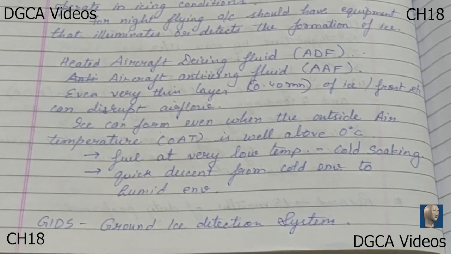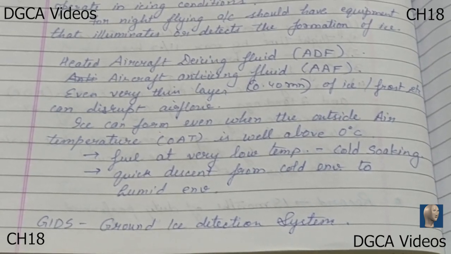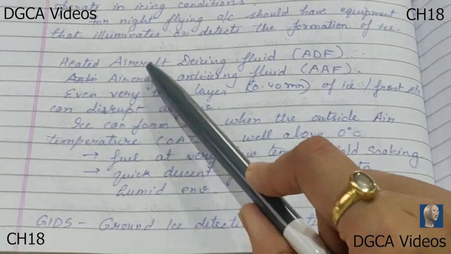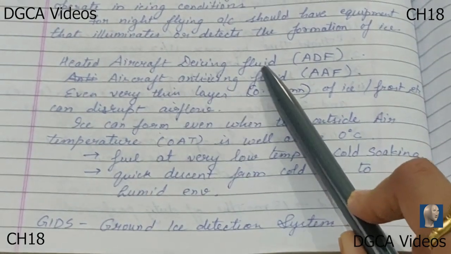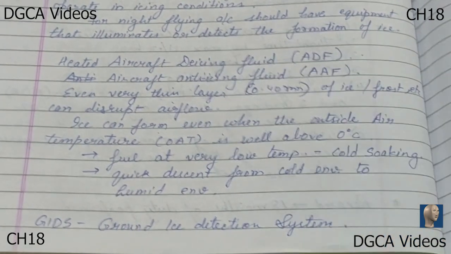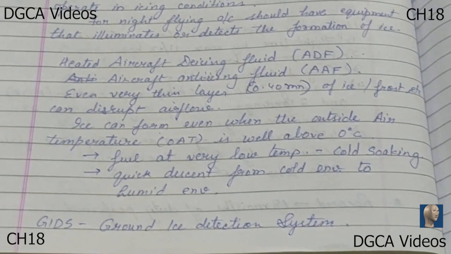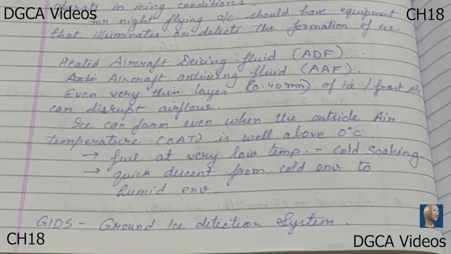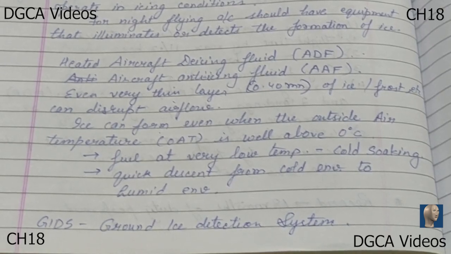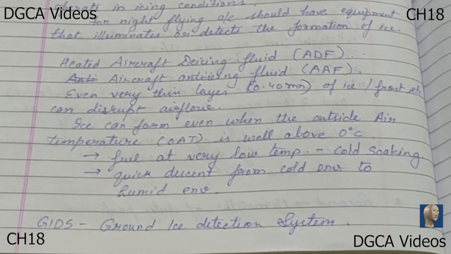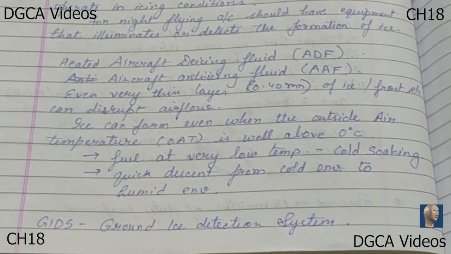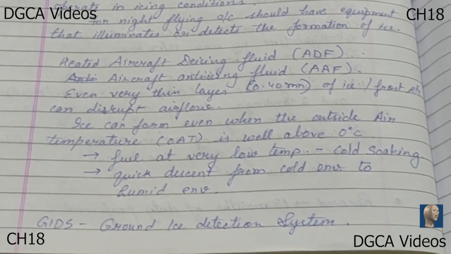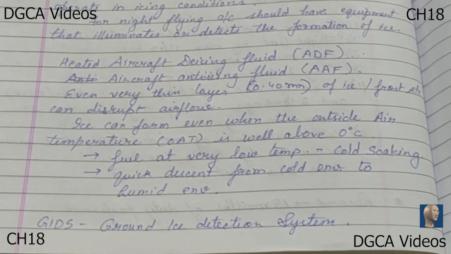And how is this ice removed? Well, one way is heated aircraft de-icing fluid, ADF it is called. With the application of this fluid, the ice can be removed. One major difference between de-icing and anti-icing is that de-icing means the ice has already accumulated on the aircraft and you want to remove that ice.